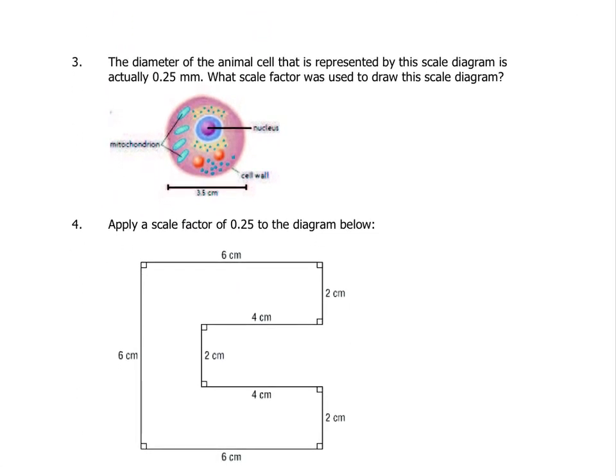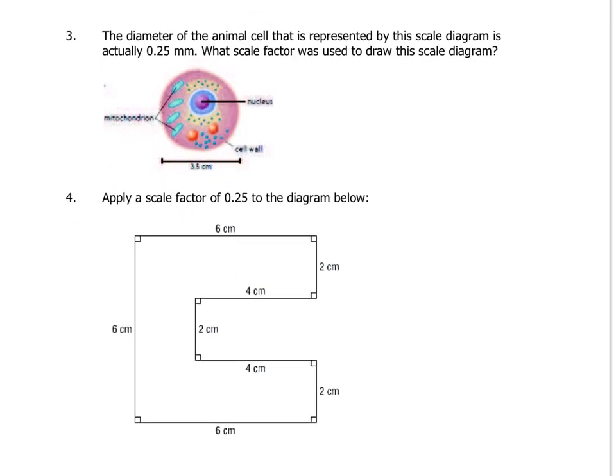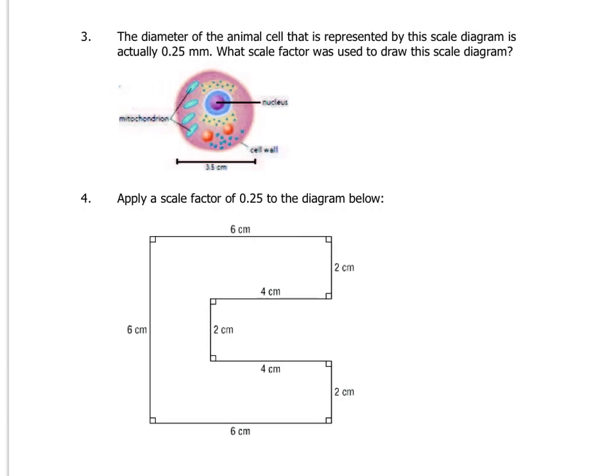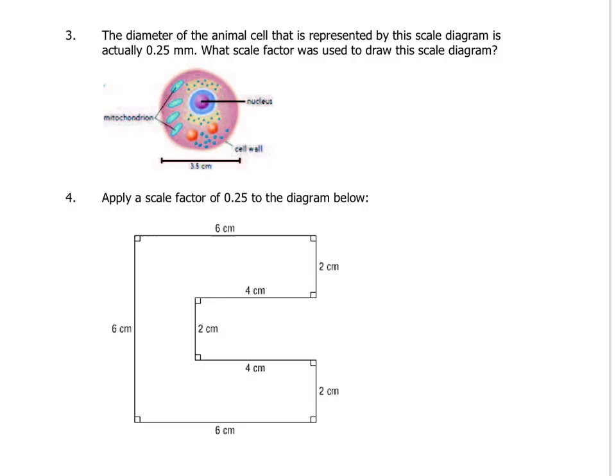Question number 3 says the diameter of the animal cell that is represented by this scale diagram is actually 0.25 millimeters. What scale factor was used to draw this scale diagram? The one thing I notice is that the original is given as 0.25 millimeters, but our image has 3.5 centimeters.